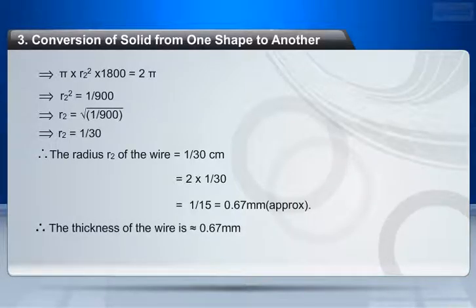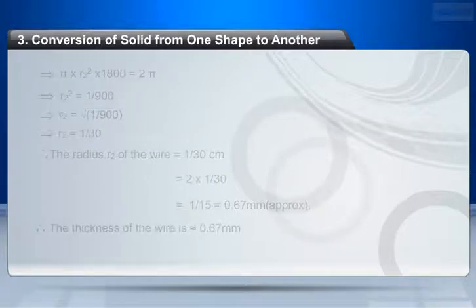The object formed by recasting the sphere will have the same volume. That is, volume of sphere equals volume of cylinder. This implies that 4 by 3 into pi into R1 cube equals pi R2 square into h. This implies that 4 by 3 into pi into 4.2 cube equals pi into 6 square into h.